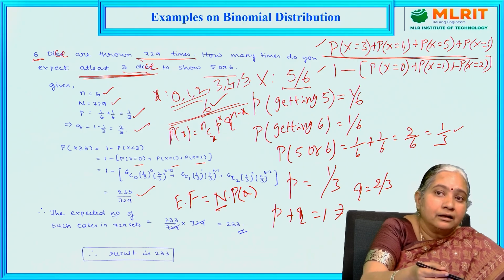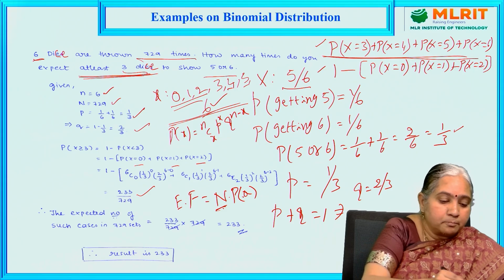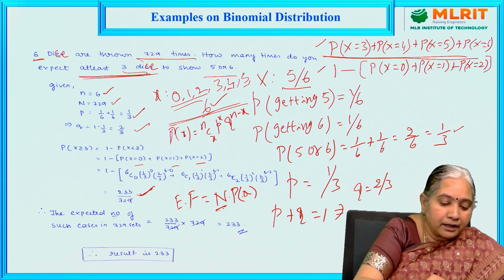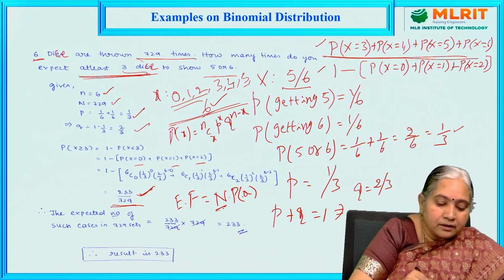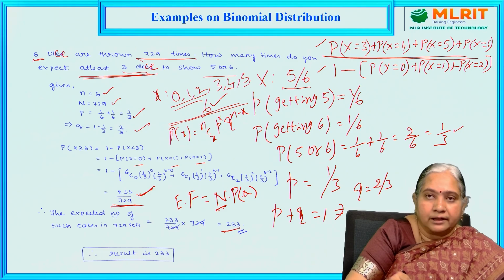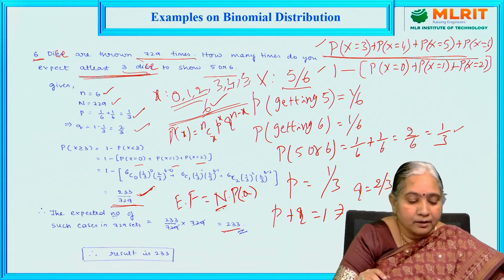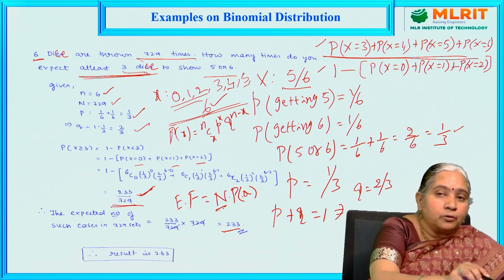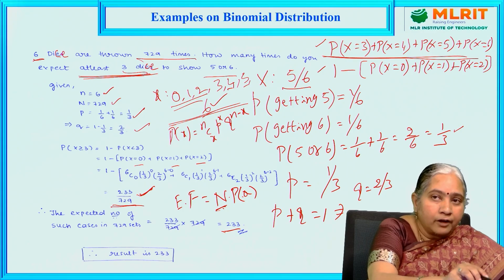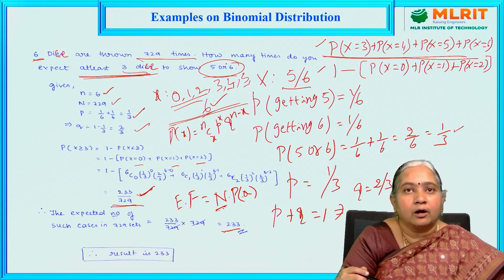How many can we expect? That's why capital N into P of X. P of X is 233 by 729, so 729 into 233 by 729, we get 233. So 233 persons may get at least 3 successes out of 6, where the success event is either 5 or 6.